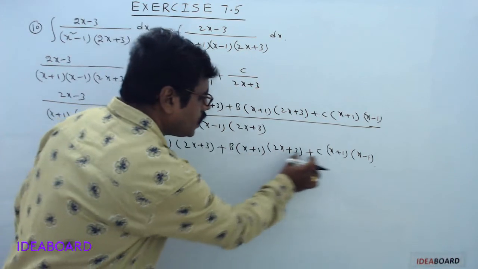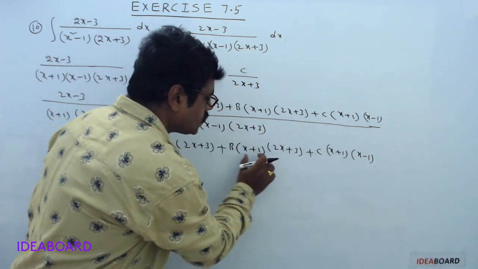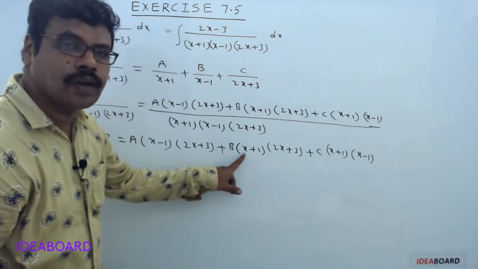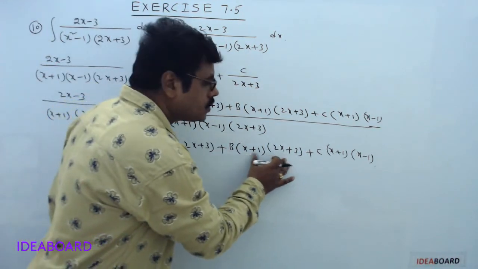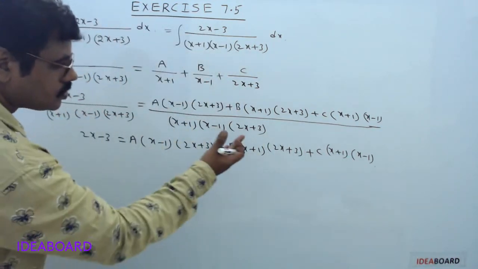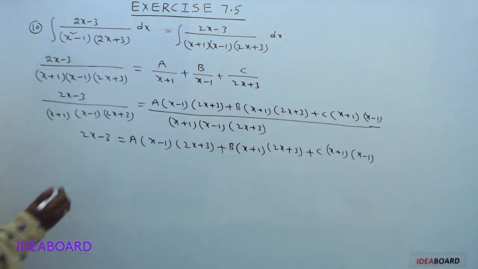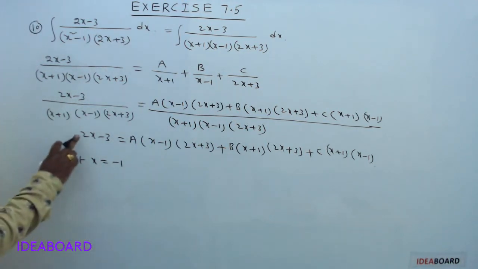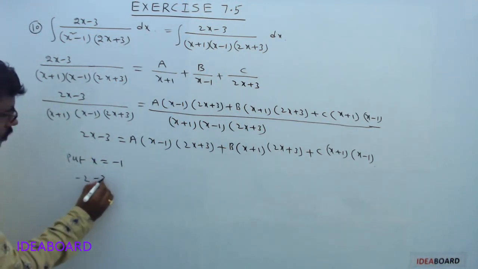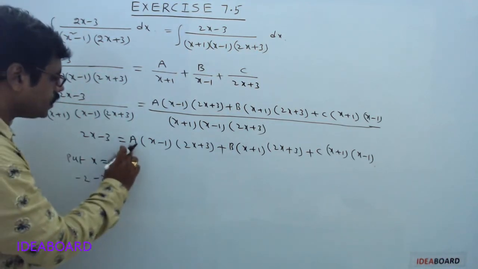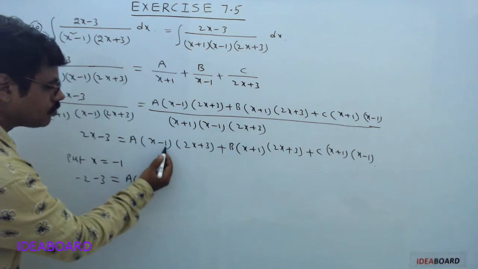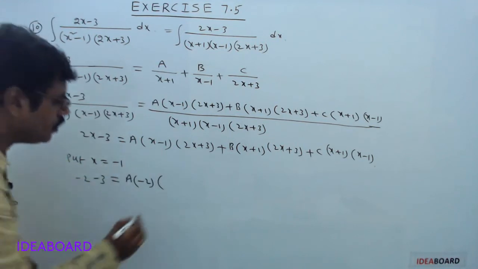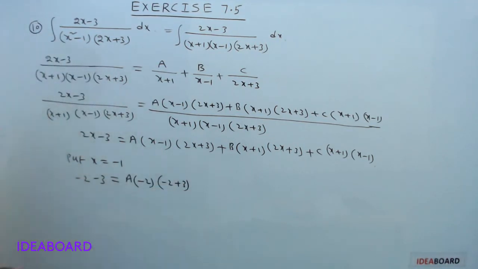Now here x plus 1 is a common factor for the second and third terms. So by substituting x equal to minus 1, automatically the second term will be 0 and the third term will be 0. So write down x equal to minus 1. Substituting x equal to minus 1: 2 into minus 1 minus 3 equals a into minus 1 minus 1, that is minus 2, into 2 into minus 1 plus 3.